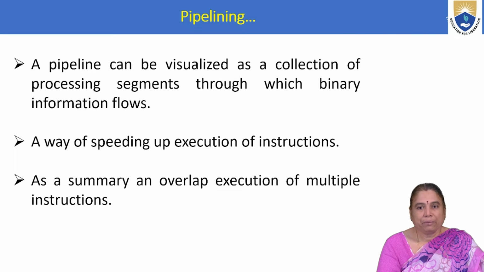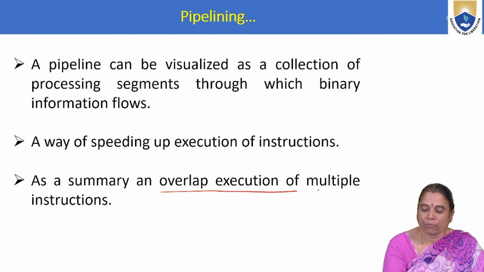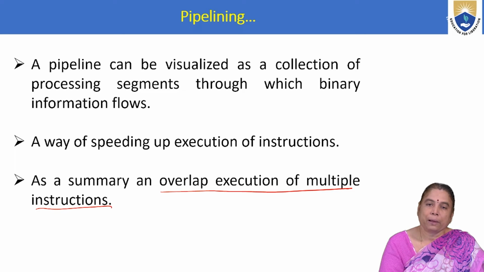A pipeline can be visualized as a collection of processing segments through which binary information flows. This is one way of speeding up the execution of instructions. As a summary, an overlapped execution of multiple instructions can be considered as the pipeline.